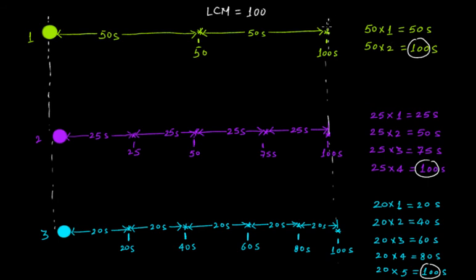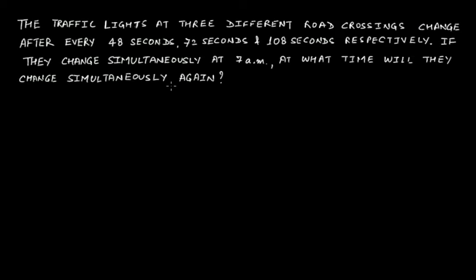And if you want to see it by diagram, you can see that at 100 seconds they will simultaneously change again. So what I'm trying to show you is why you are using LCM here. In such cases, the problem is related to the least common multiple, that is at 100 seconds they will change simultaneously, and mathematically you can check that 100 is the least common multiple. So in such questions you always apply the least common multiple method.